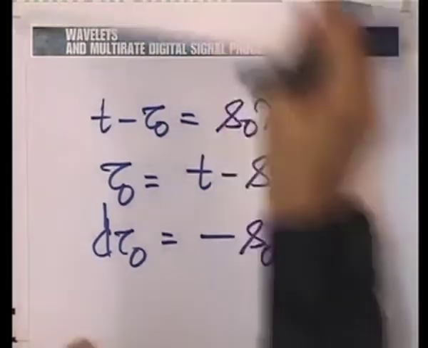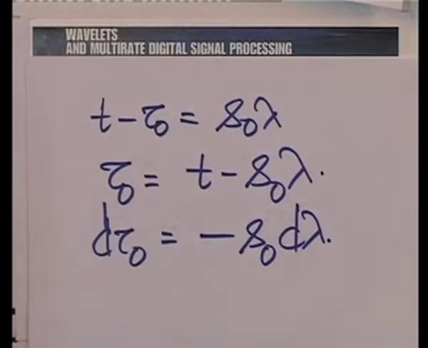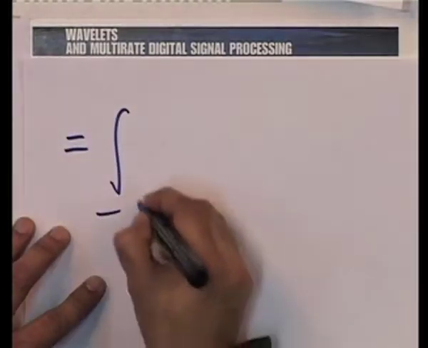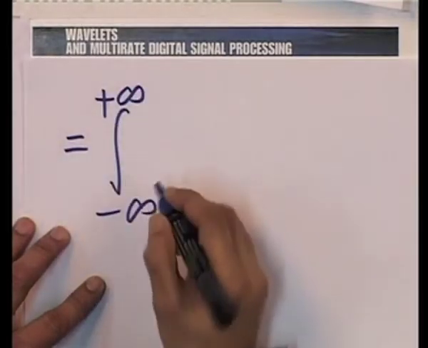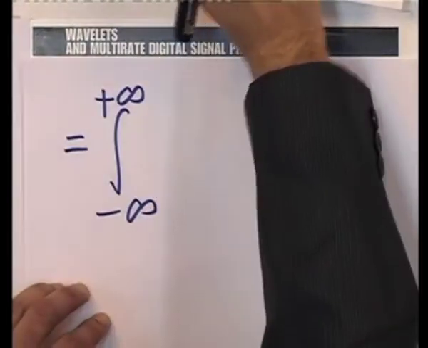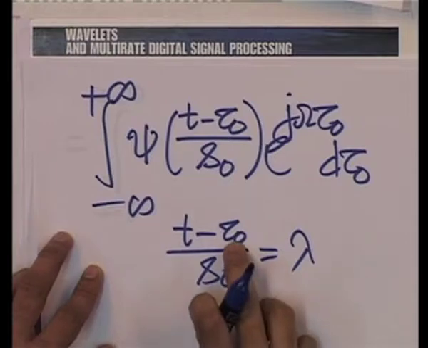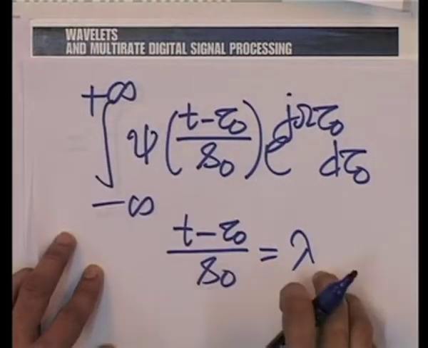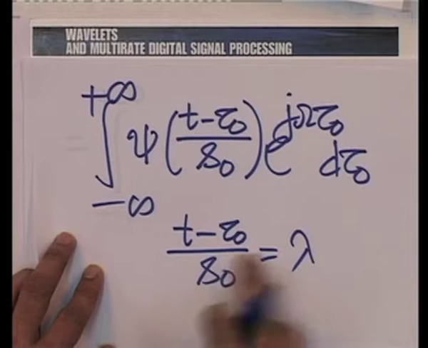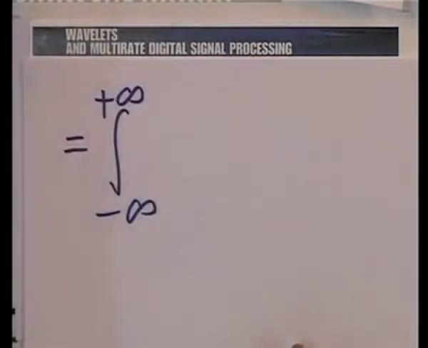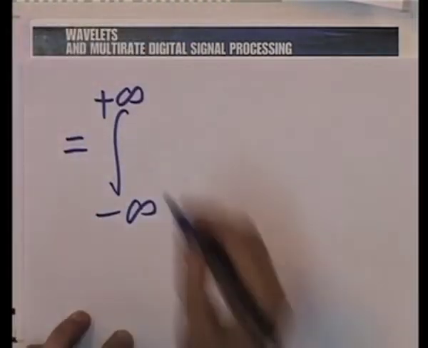And we can substitute that in this expression here. So, we have this becomes equal to, and once again, if you look at the limits, when tau naught goes from minus to plus infinity, lambda goes from plus to minus infinity, but with that change of sign, again we can rewrite this in the following way.